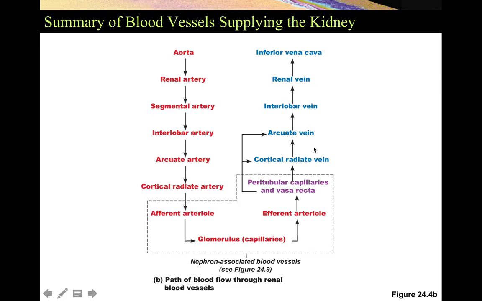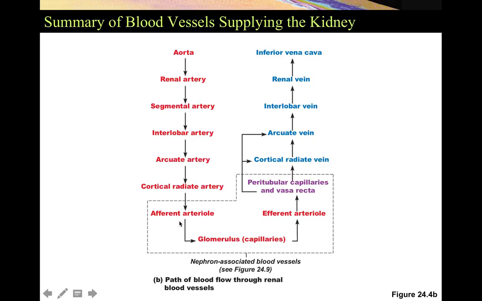So what I've described to you so far, if you look at it in a sense of blood vessels, you started with the aorta, which empties into the kidney through the renal arteries, which branch to the segmental artery. Then it goes between the pyramids as the interlobar artery, then between the cortex and medulla as the arcuate artery, and then it starts to radiate inside the cortex as the cortical radiate artery.